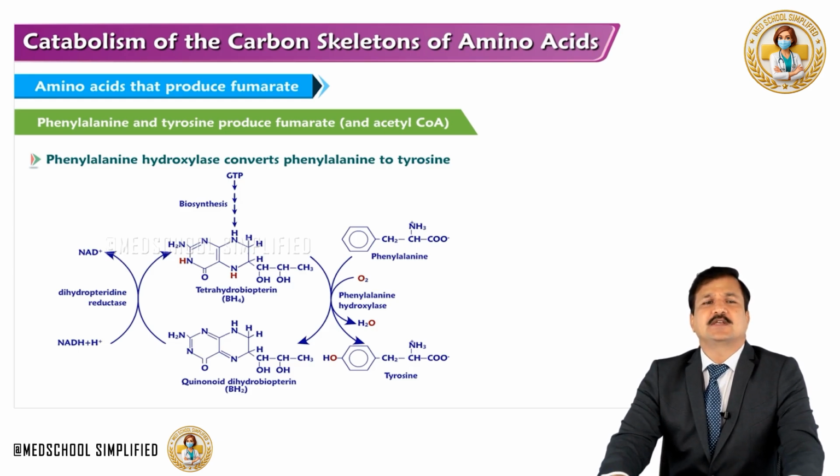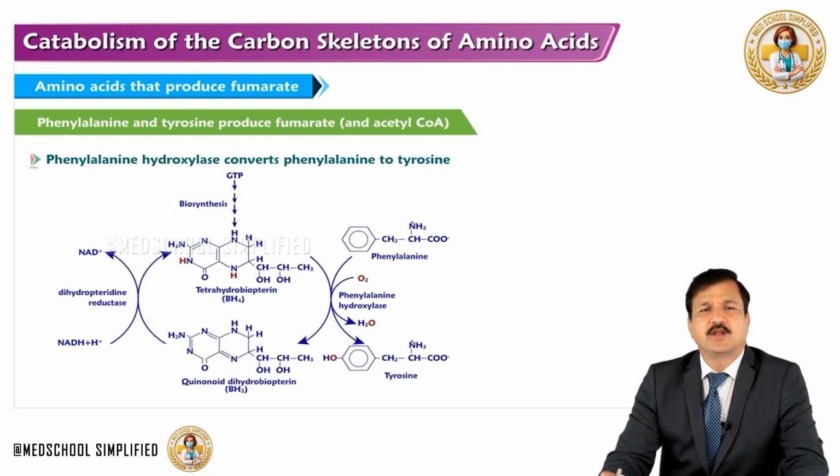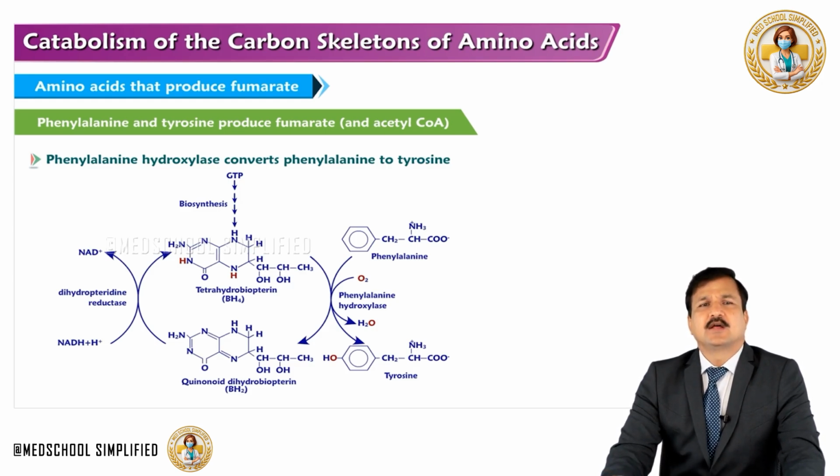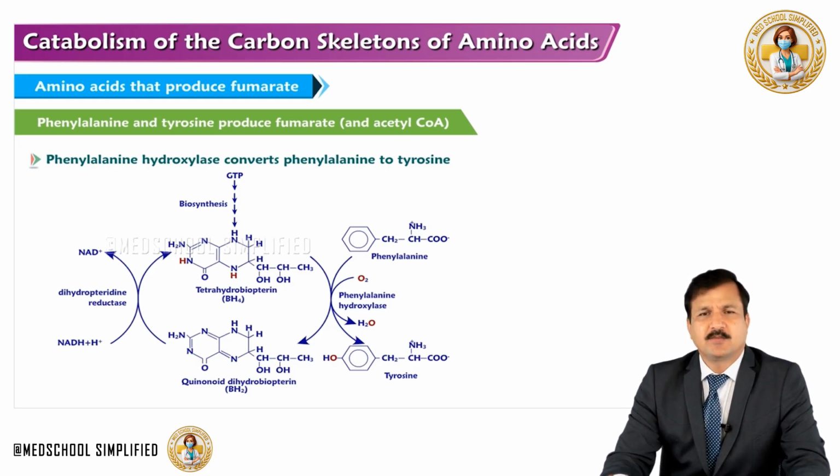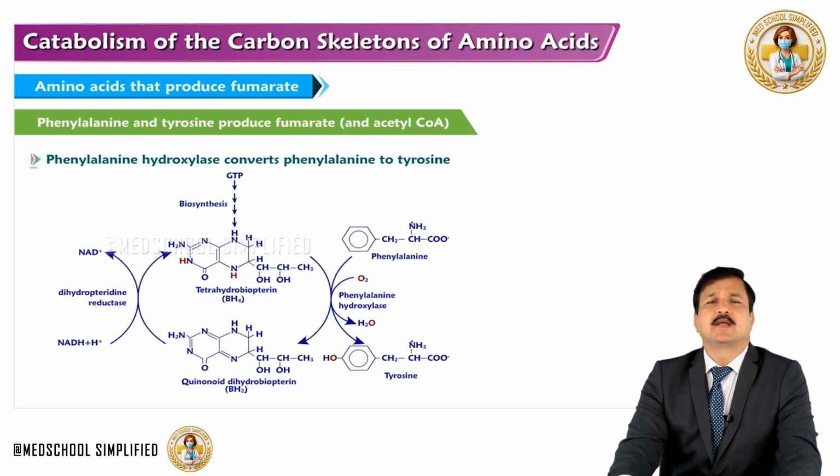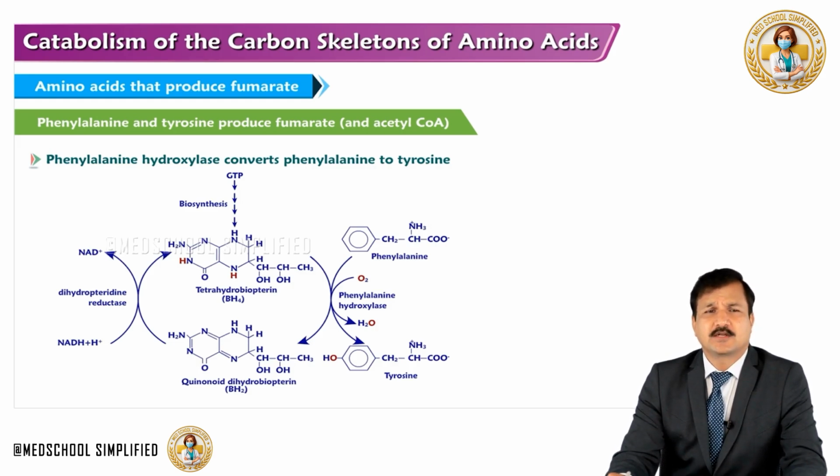We have already seen this catabolism of phenylalanine and tyrosine in my previous lecture, where I was explaining the amino acids whose catabolism gives ketone bodies, acetoacetyl-CoA or acetoacetate. In that lecture I already explained how phenylalanine and tyrosine go into catabolism.